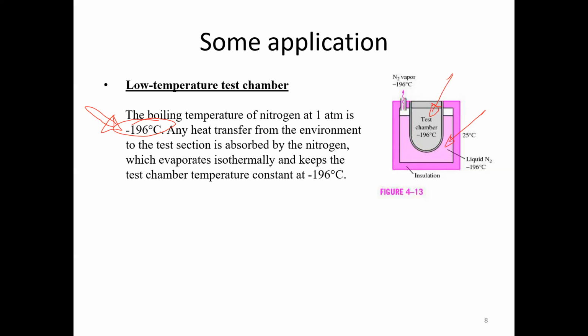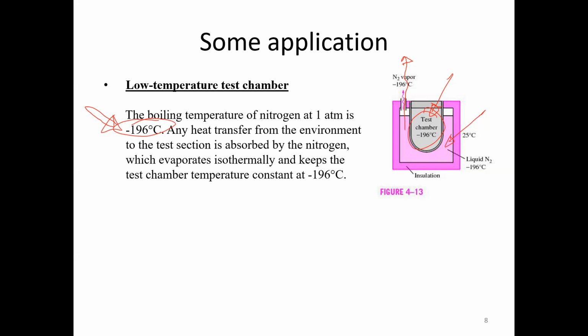If you open it to the atmosphere and it starts to evaporate, the evaporation temperature is minus 196, which means that everything inside the chamber will also be minus 196, because this is a phase change process. So we have a two-phase region.